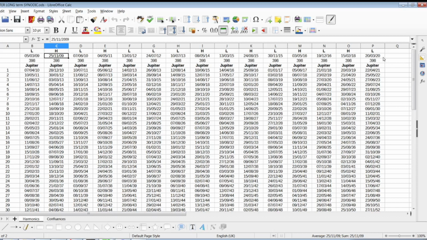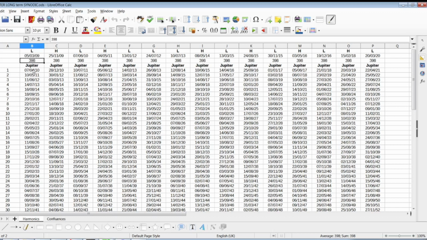I put them over here, and to each of these dates in the column is added the cyclicity of this value. I repeat, this is the synodic period, the synodic cycle of Jupiter, which is 398 days. That's what happens when we see Jupiter in the same place in the sky after a full cycle, so it's synodic from a geocentric point of view.